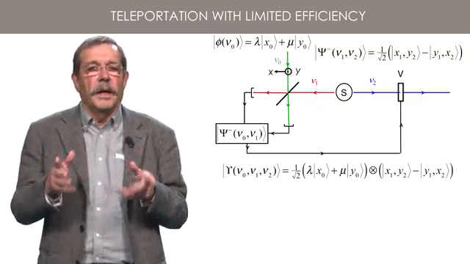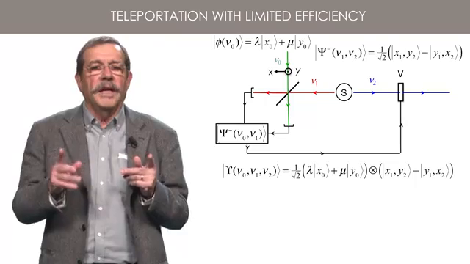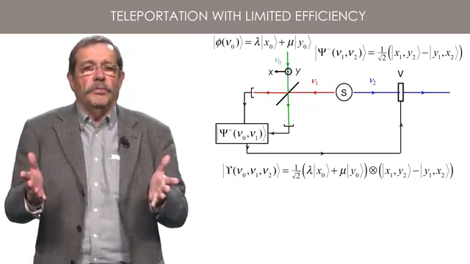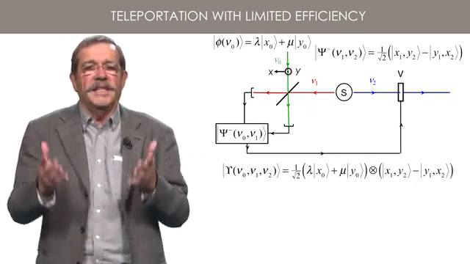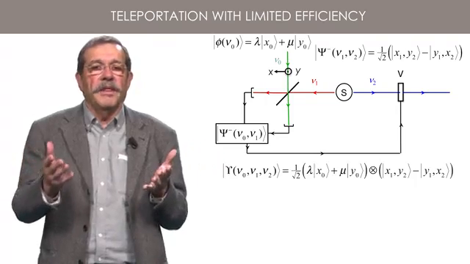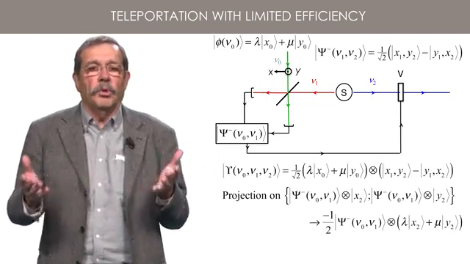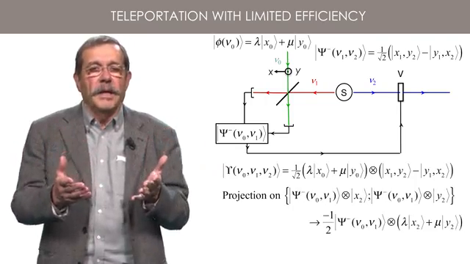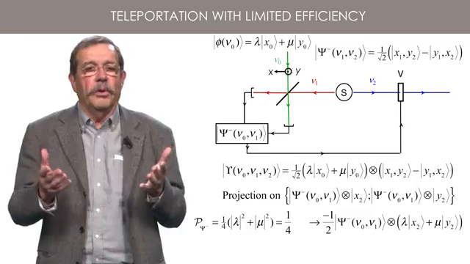You have noticed, however, that it works only in a limited fraction of the cases, the ones when the result of the measurement on nu0, nu1 is psi minus. The probability to find the system in that state is the square modulus of the projection of the initial state onto psi minus, that is to say, 1 over 4.